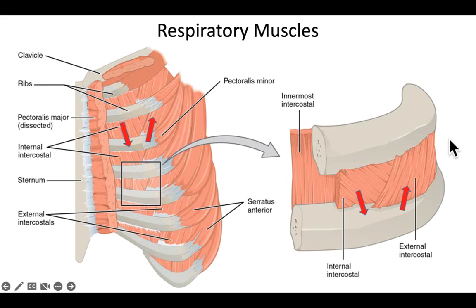Then it's going to relax and come back in. Then if you want to squeeze it in even further, you're going to squeeze it using this internal intercostal. And again, notice the orientation. Complete opposite orientation, so complete opposite actions. All right? So those are your respiratory muscles, or at least 3 of them.